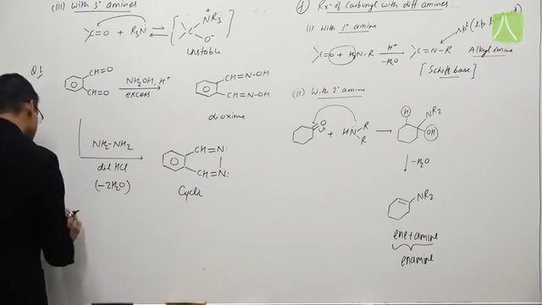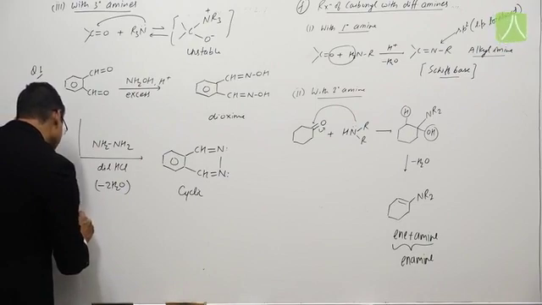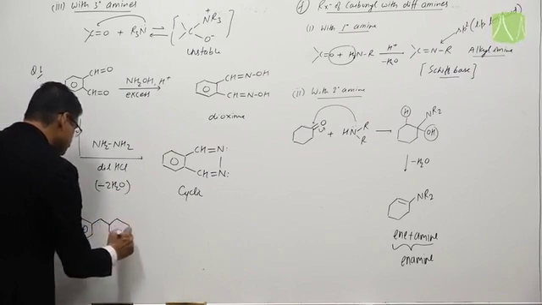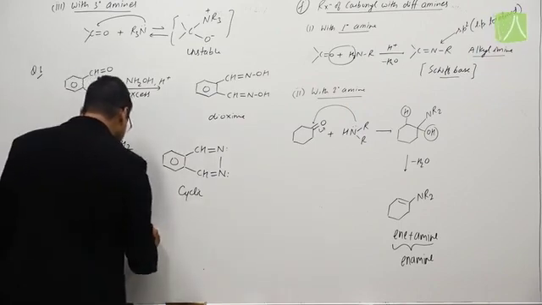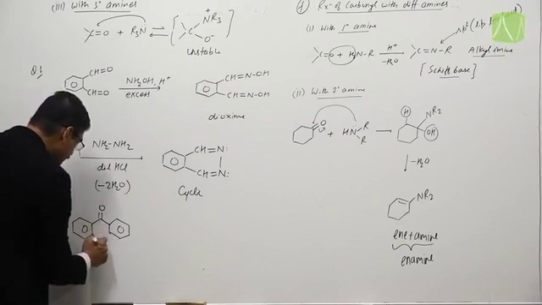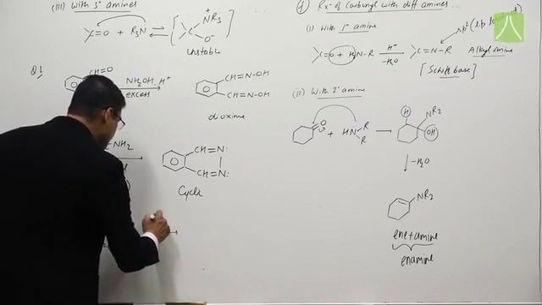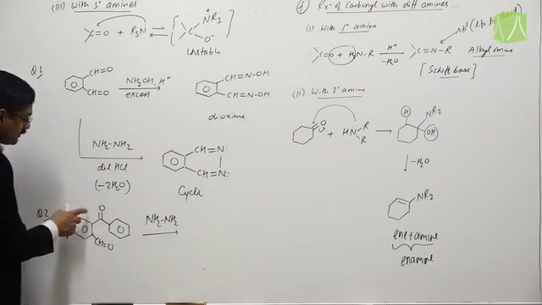So the second question, suppose I take a similar type of question. If this is a ketone and I take the aldehyde like this. On reaction with hydrazine, there are 2 carbonyl groups.